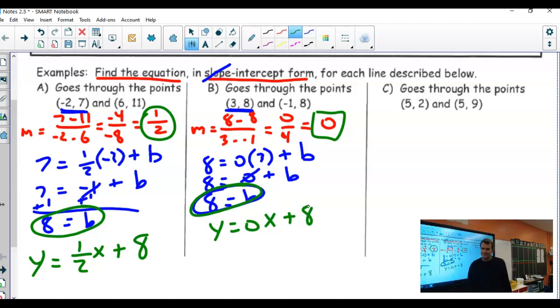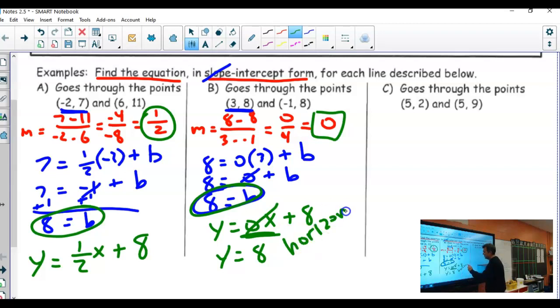But you guys, being the fine Math 1 students that you are, we did not want to write 0 times x, because 0 times x is just 0. So really that just cancels out the x. And I get y equals 8. This is a horizontal line.